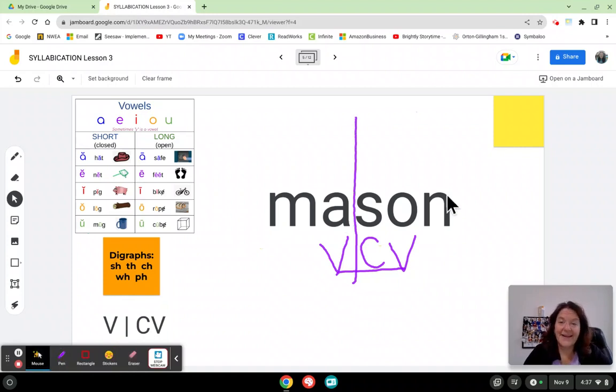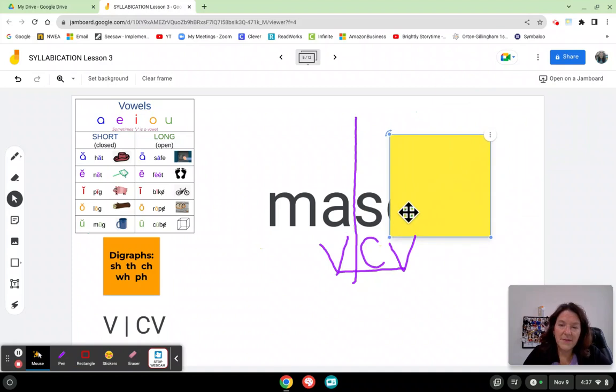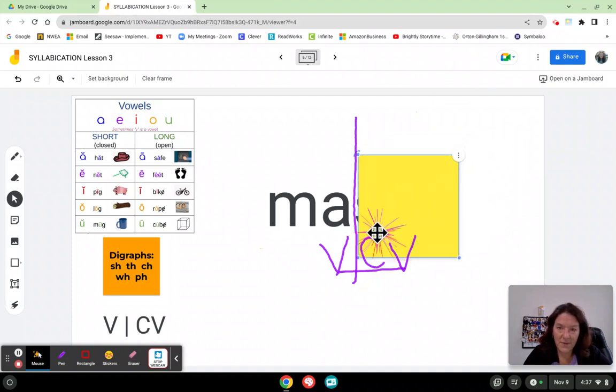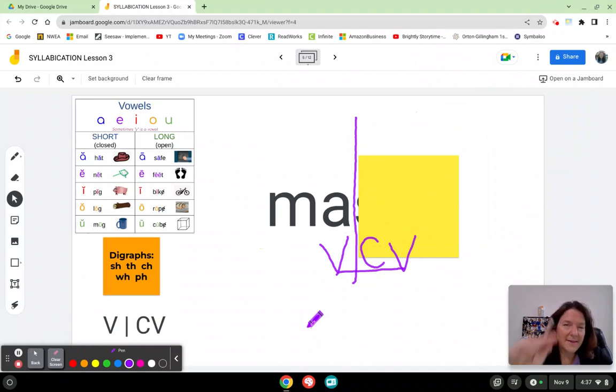Good. Now we need to identify our open and closed syllables. So I'm going to cover up the second syllable. We're going to start with the first one. And this can get tricky, and this is something new. So I'm trying to draw a line to what's after that vowel, but I can't because there's nothing there.